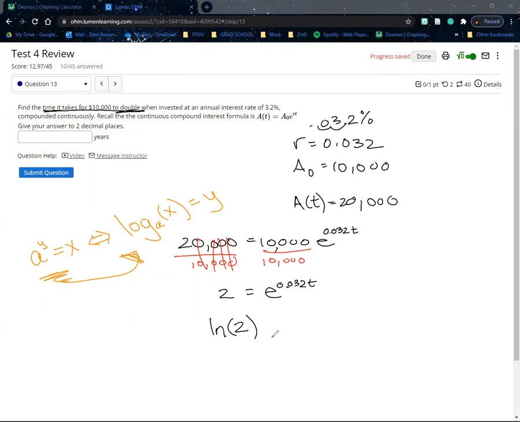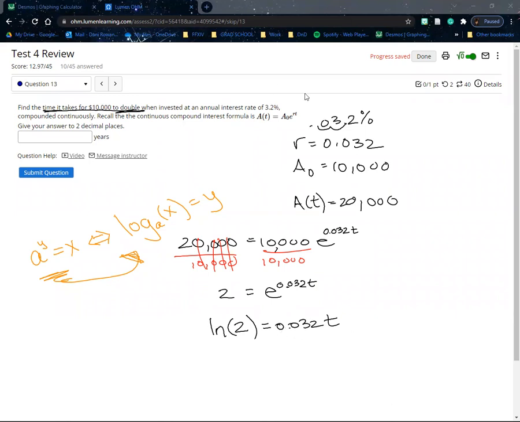I'm sorry, I should have said x, that was my bad. Equals what? What's our y? 0.032 times t, right? Okay, so now we have natural log of 2 equals 0.032 t.